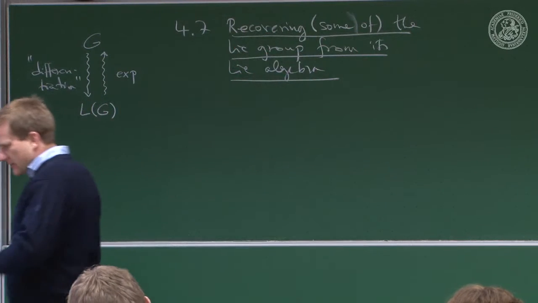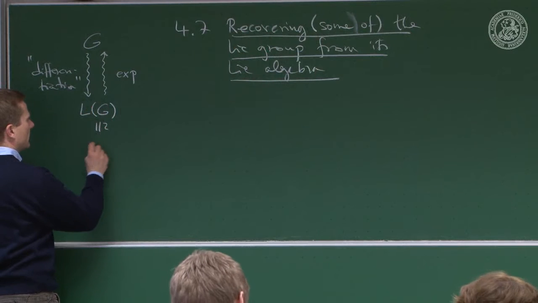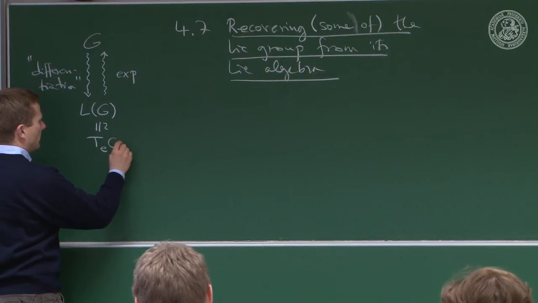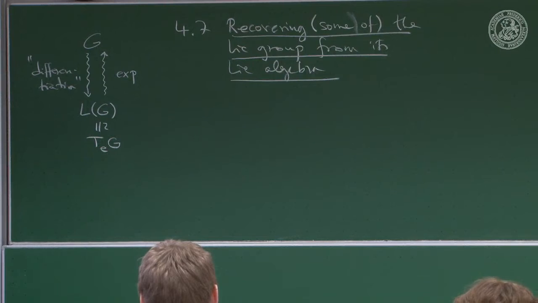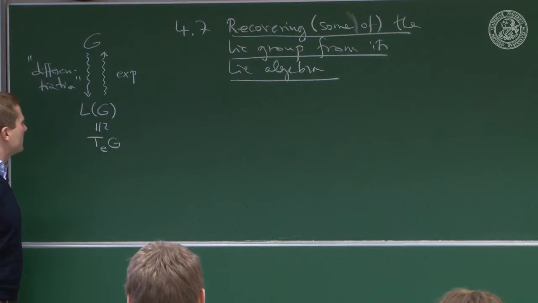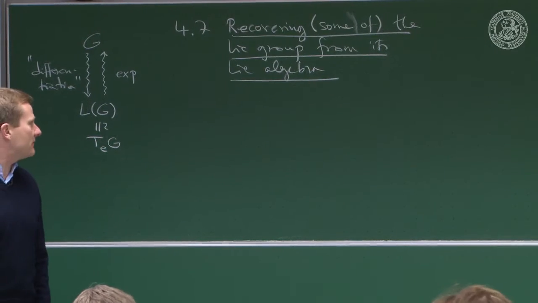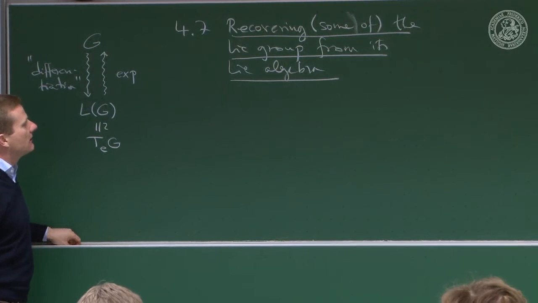All right, so the first thing we're going to do, well, we know that down here we actually have this isomorphism to the tangent space at the identity, but now we will also on occasion have to invoke the left invariant vector fields again to understand this exponential map.